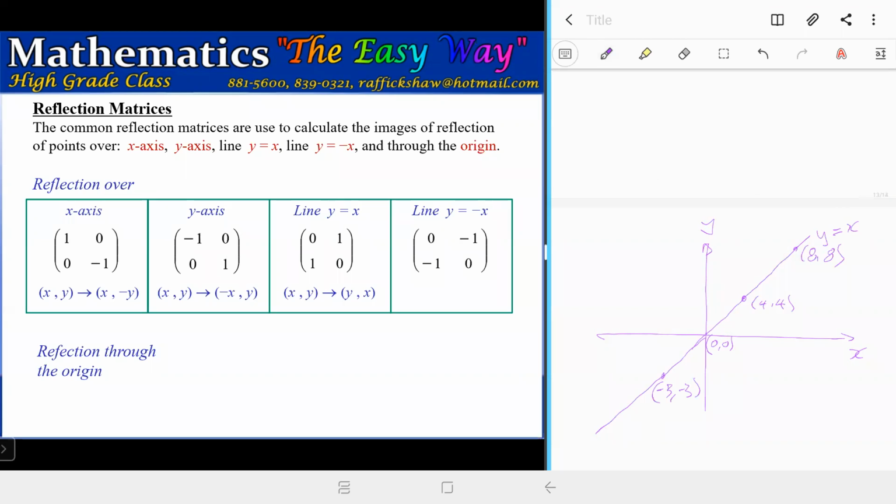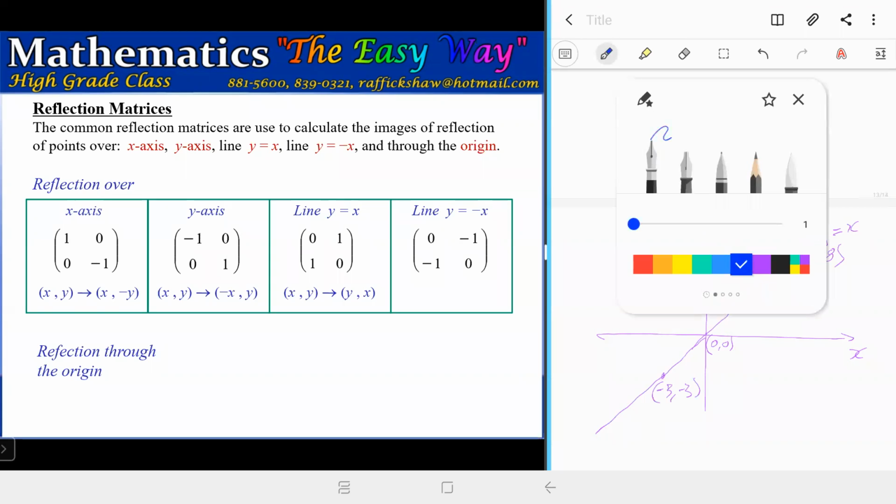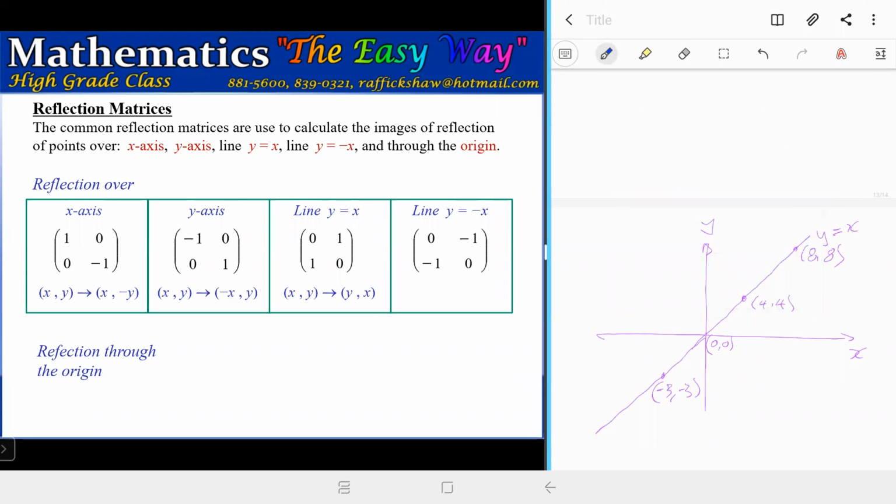Let me draw the line y equals minus x in a different color now. So y equals minus x is at 90 degrees to this line, and goes this way. That's the line y equals minus x. I don't want anybody to be working blind. This one passes through points where the x and y value is the same value, but when one is positive, the other one is negative.